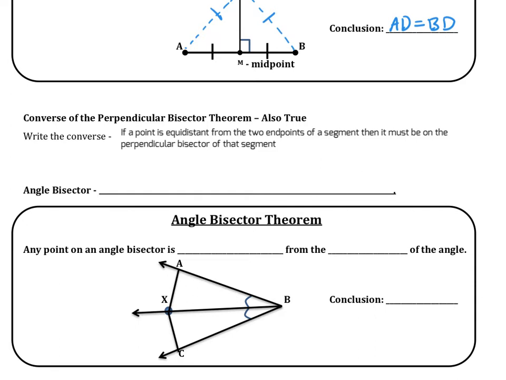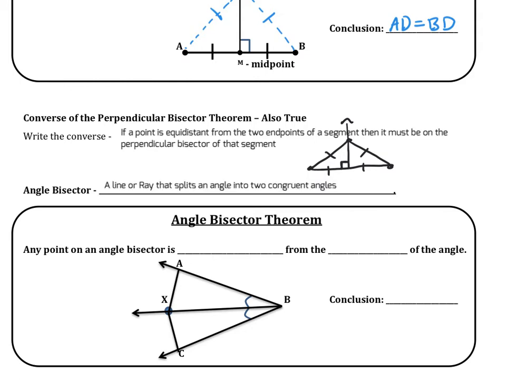In other words, if we had this scenario, if we knew that those two segments were congruent, then we knew that this would be a perpendicular bisector of that edge down at the bottom. So it's just sort of reverse order of knowledge from what we previously did.